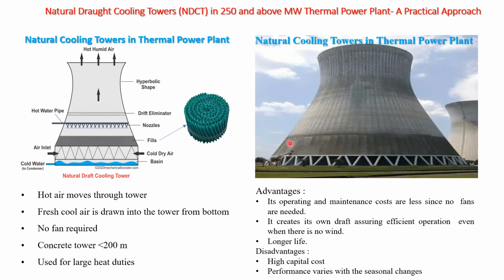Because the draft created inside this cooling tower is only due to the shape. The shape should be such that the height and the venturi are on the higher side, with higher length and width, so automatically the cost increases.